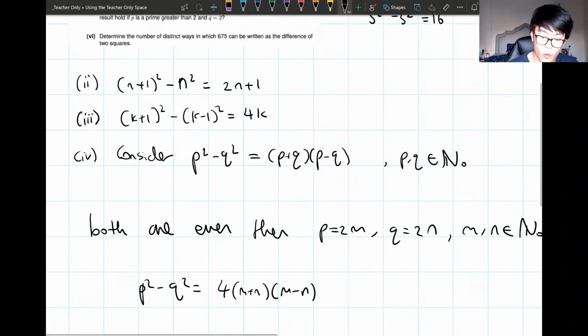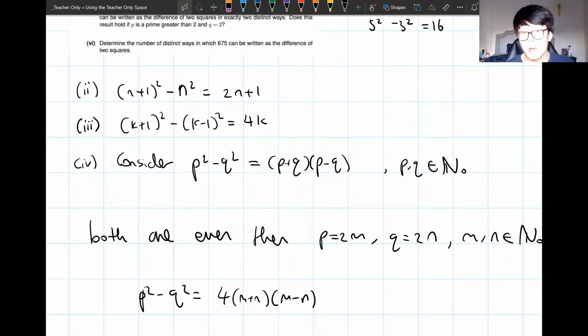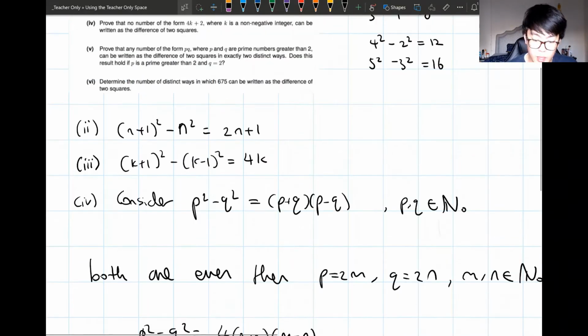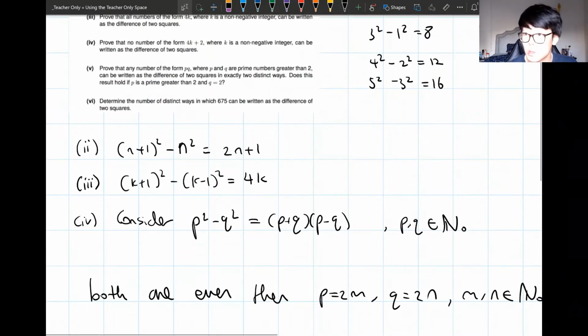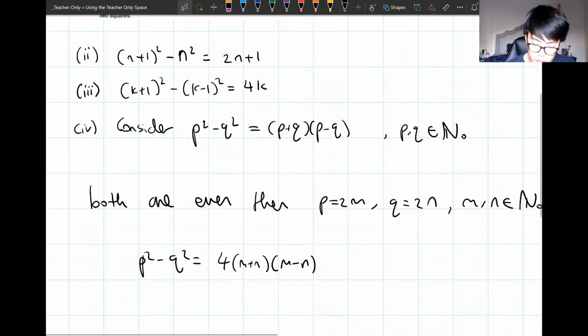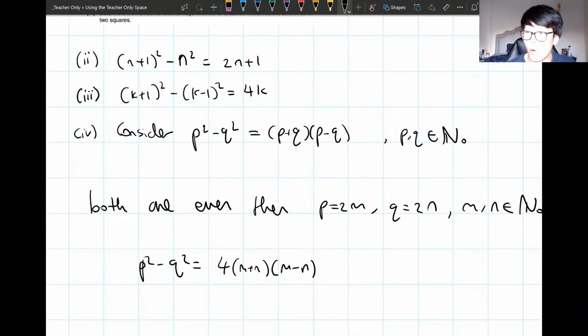Now 4k plus 2 is divisible by 2, but not divisible by 4, and this number is divisible by 4. So if both p and q are even, then the difference between the squares is not in the form 4k plus 2.